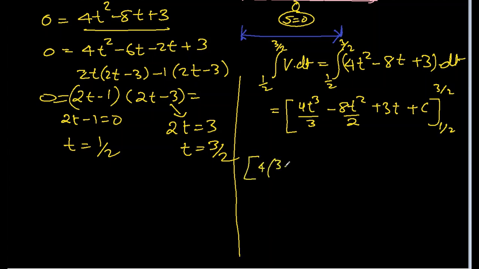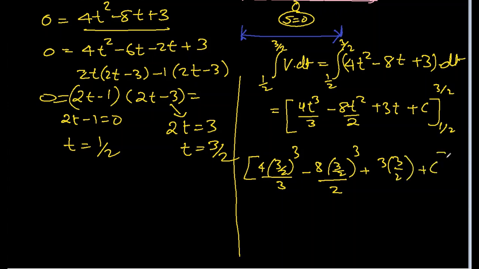4 times (3 over 2) cube over 3 minus 8 times (3 over 2) square over 2 plus 3 times 3 over 2 plus c, minus 4 times (half) cube over 3 minus 8 and so on. I hope you understand.